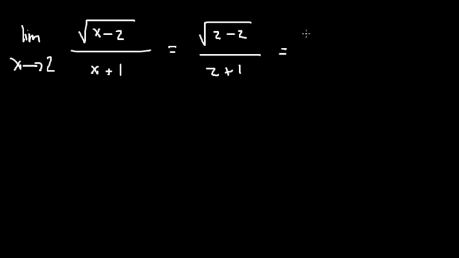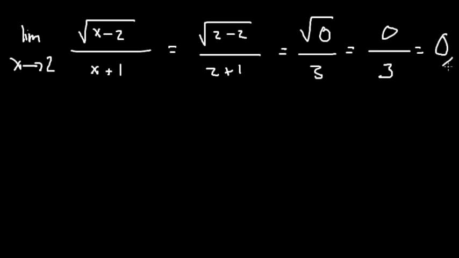The square root of 0 over 3: the square root of 0 is just 0, over 3, so it's just 0. Now, we got a constant value, which is 0. Does this mean that the limit of the function as x approaches 2 will be 0? That's not necessarily the case.